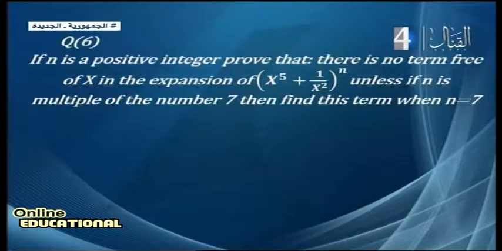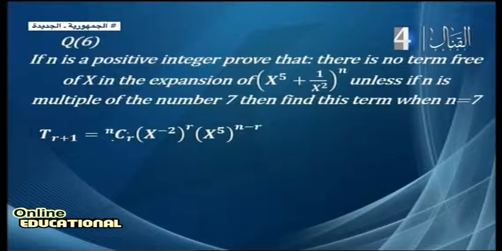Free term. General term: we know that the general term T(r plus 1) equals nCr, second term power r, first term power n minus r. After that, we set x power of the term equal to x power 0 to find the value of n.